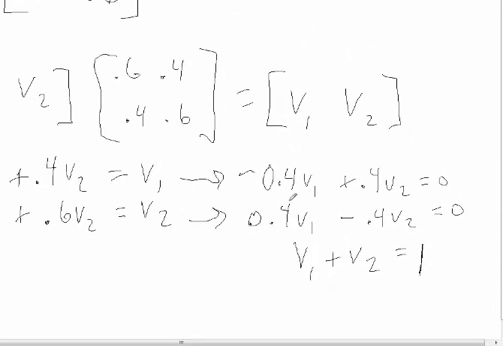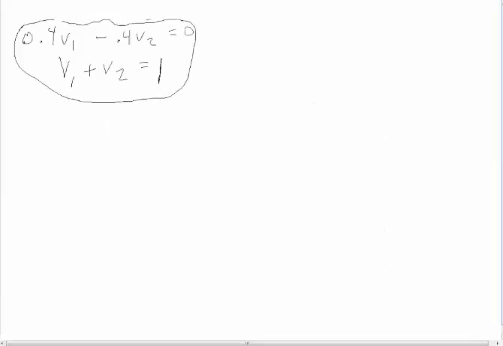All right, so what we can do is take these two equations and solve this system for V1 and V2. There are a couple of ways we can do this. We could just use algebra. So I'm going to multiply the bottom equation by negative 0.4 and add that to the first equation.